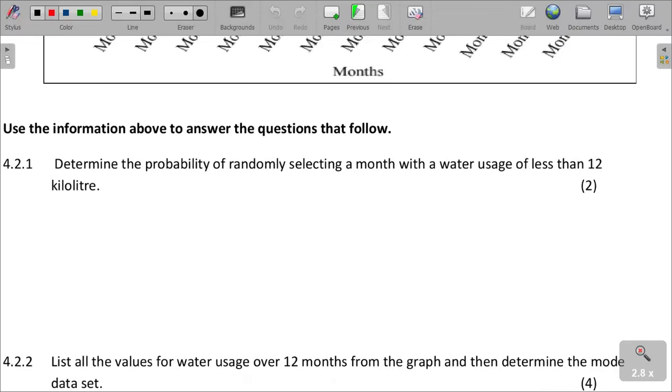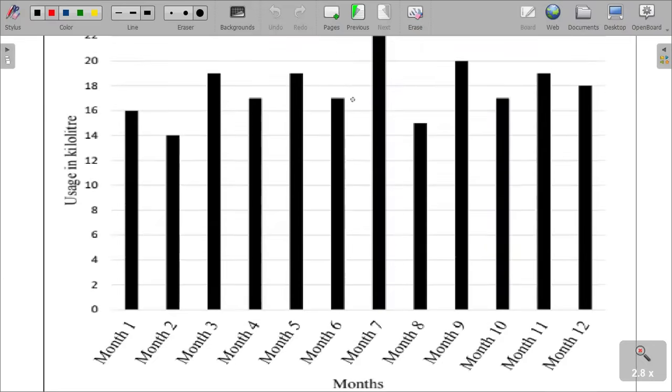We are given the months 1 to 12, where month 1 is 16 kiloliters, up to the last number, month 12, which has 18 kiloliters. The first month is 16.